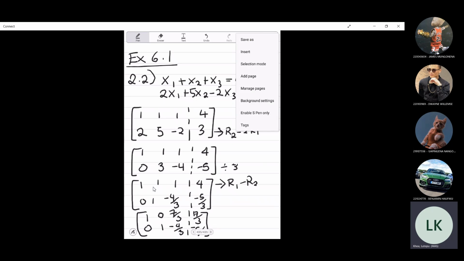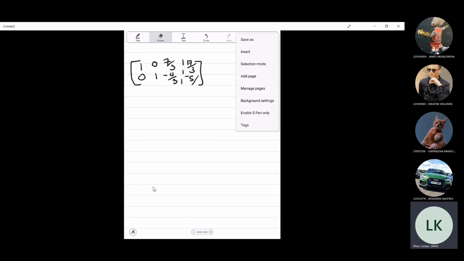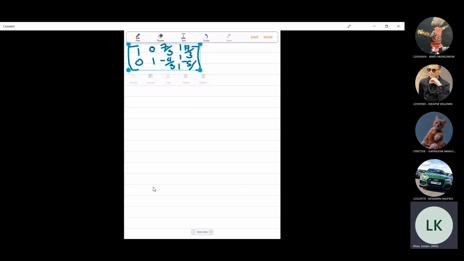I'll just take it to the next page. Okay, so that is minus 5 over 3.